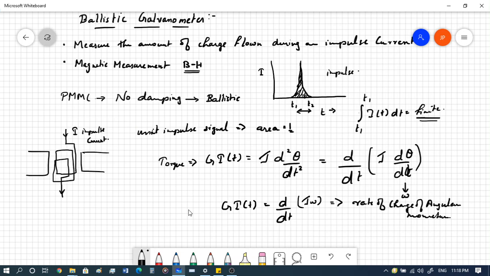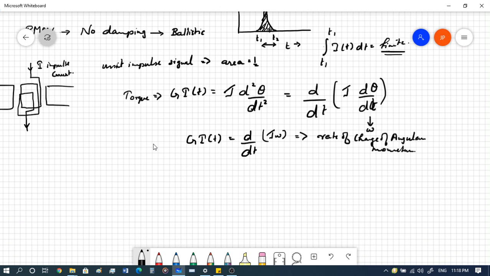So from here what we can do is multiply by the small duration of time for which the current flows. So you get G into I of t into delta t, which is the duration of time for which the current flows through the coil.